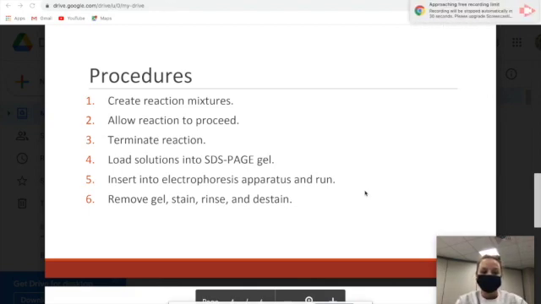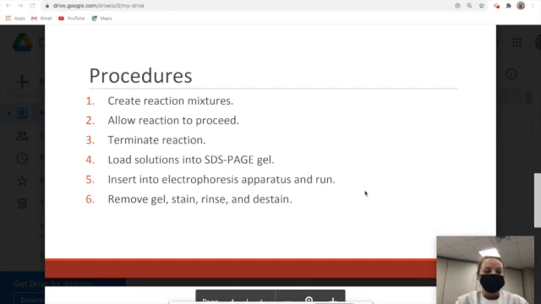For experiment 2, it's going to be similar, as I said earlier. You're going to create the reaction mixtures, this time with 10 microliters each of the Tris HCl, 50 micromoles of the DTT, and 10 microliters of the NaCl.